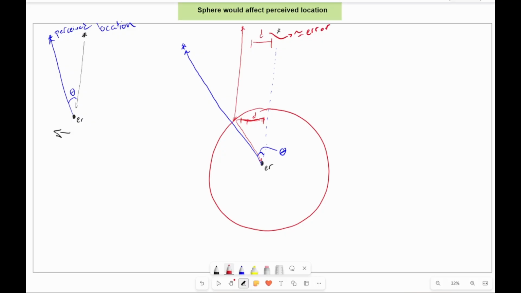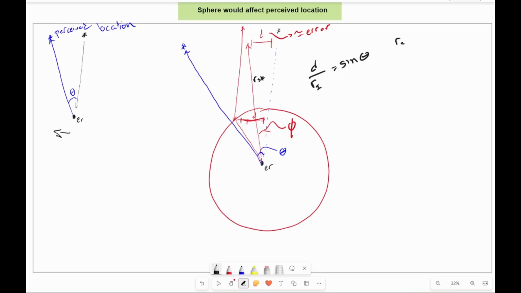And so what does that look like? We're going to call that phi, I don't know, and start to do the math here. So the distance over the radius of the inertial sphere is going to be proportional to sine theta. And I'm going to call this distance to the star St.